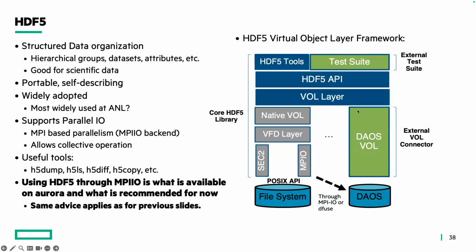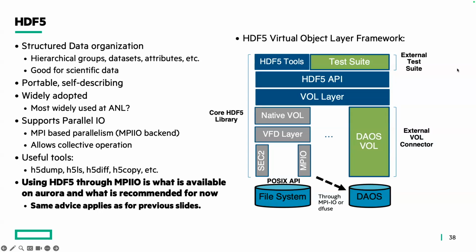We have worked with the HDF Group before to implement a DAOS virtual object layer, DAOS connector, we call it. That's another way to access HDF5, and that's not POSIX based. So it's basically mapping the HDF5 data model to the DAOS lower level KV store, bypassing POSIX, there's no POSIX there.